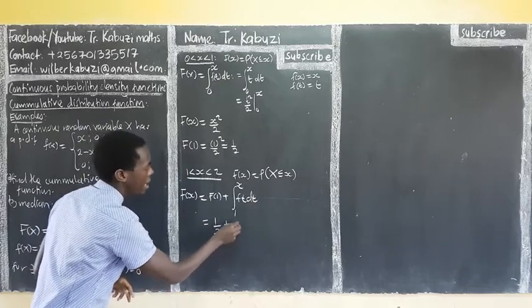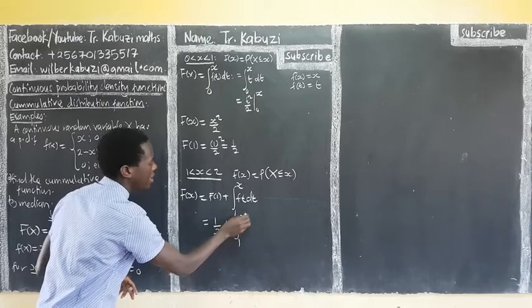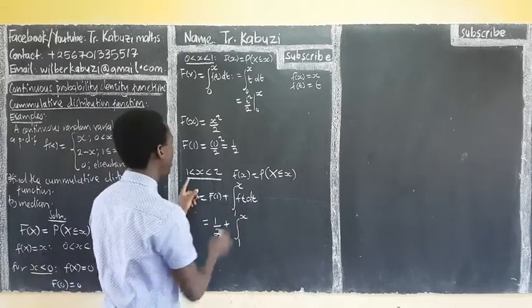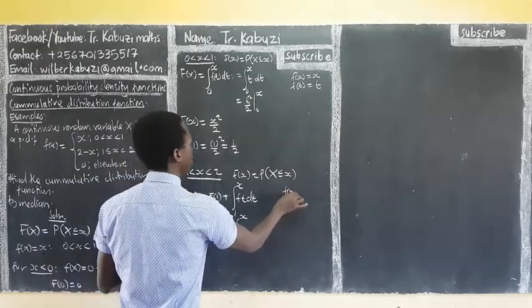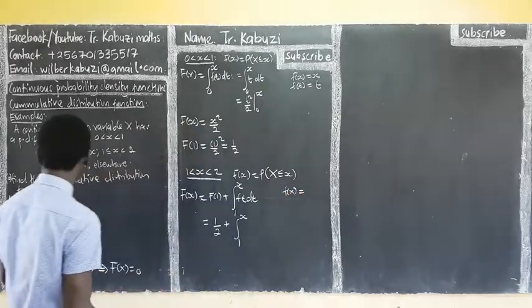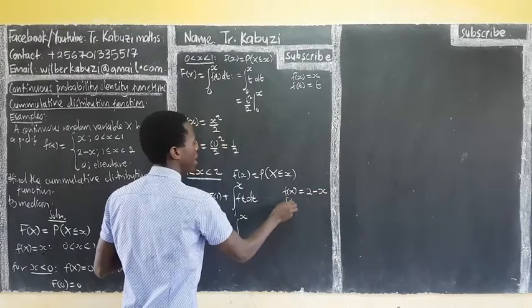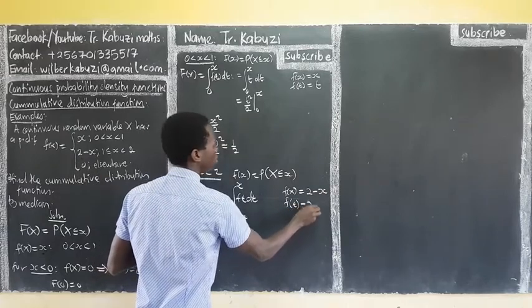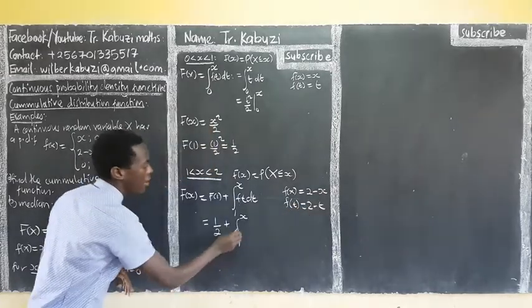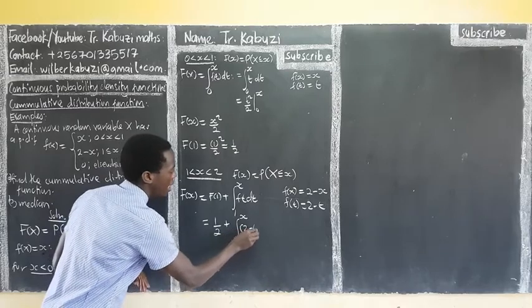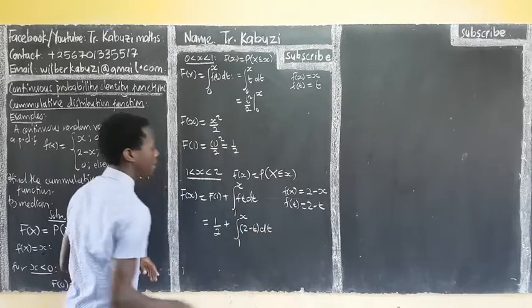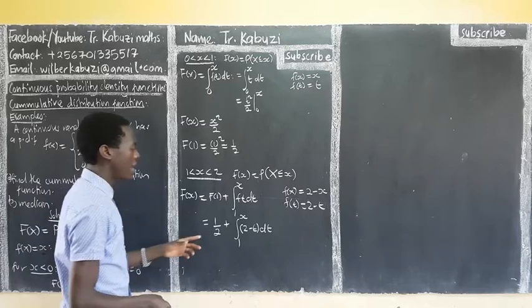Then plus the integral from 1 to x of f of t. In this interval, remember our function is 2 minus x, implying that f of t will be 2 minus t. So when I substitute here, I have 2 minus t dt. We just change the variable there, simple as that.